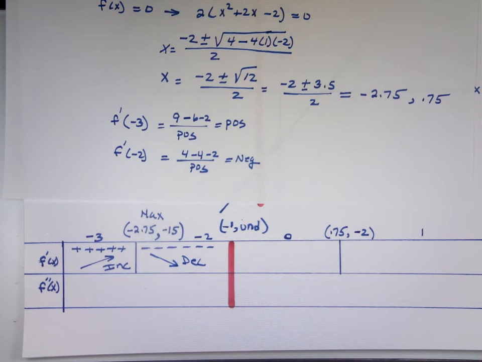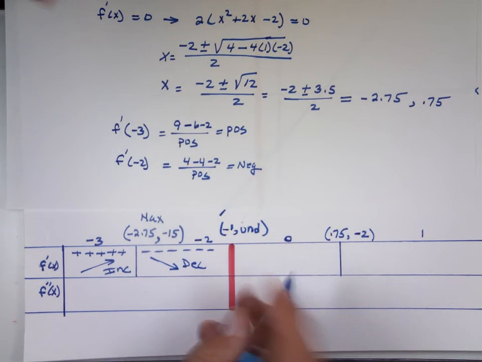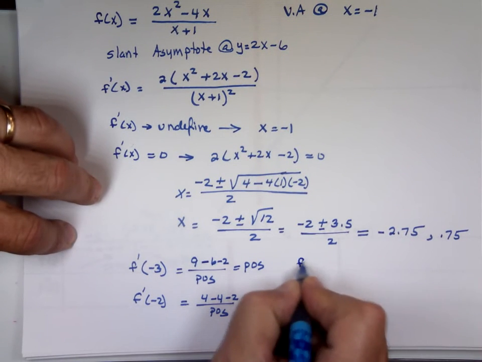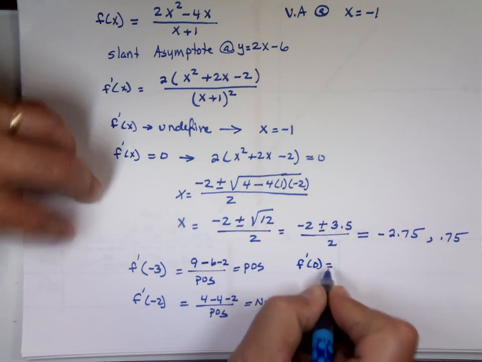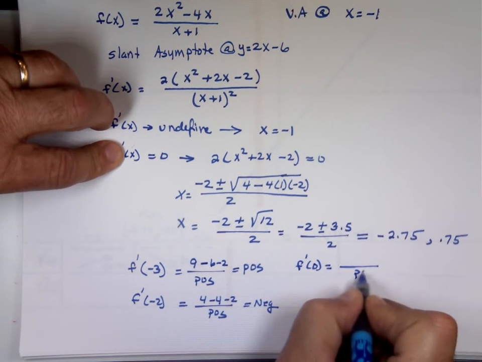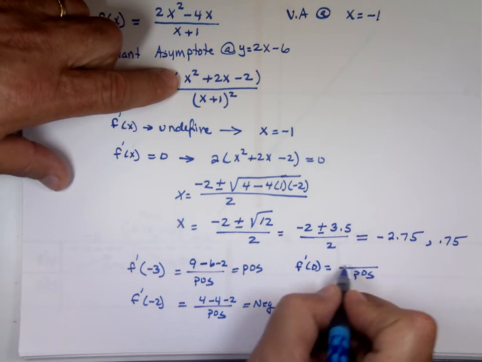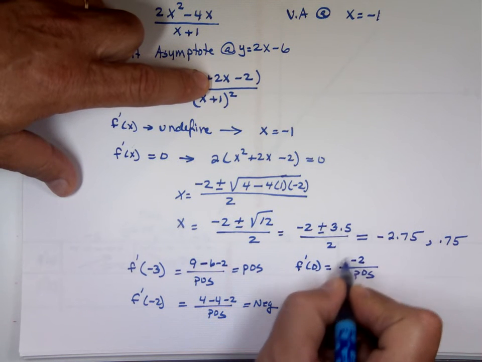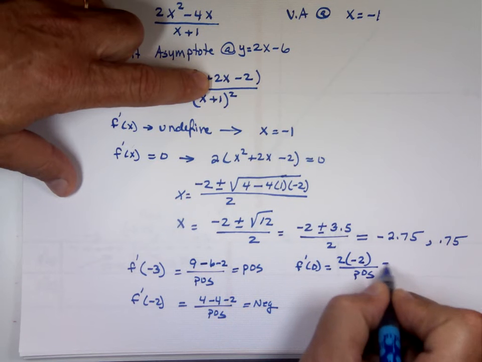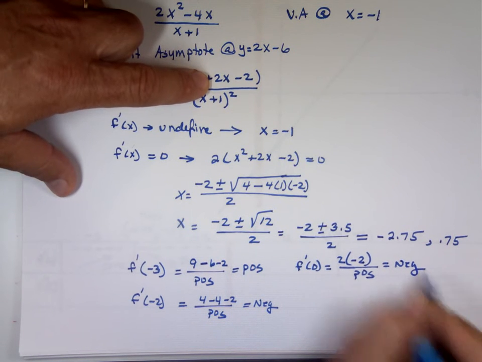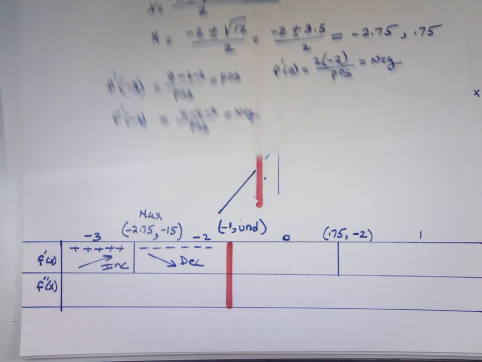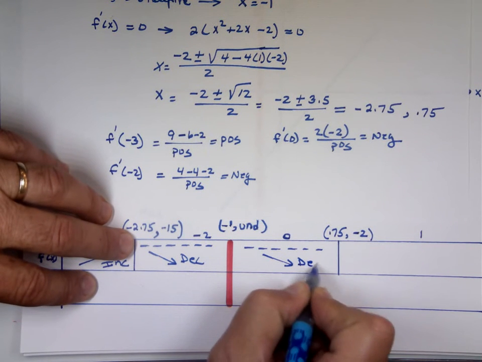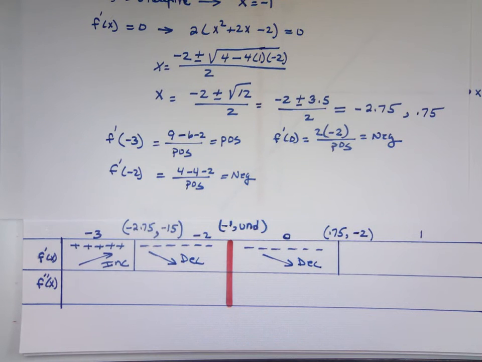Now let's try the 0. What's f prime at 0? At 0, the bottom is positive. The top, 0 squared is 0 plus 0 minus, that's a negative 2 times 2. That's a negative. Decreasing. And let's try the 1.